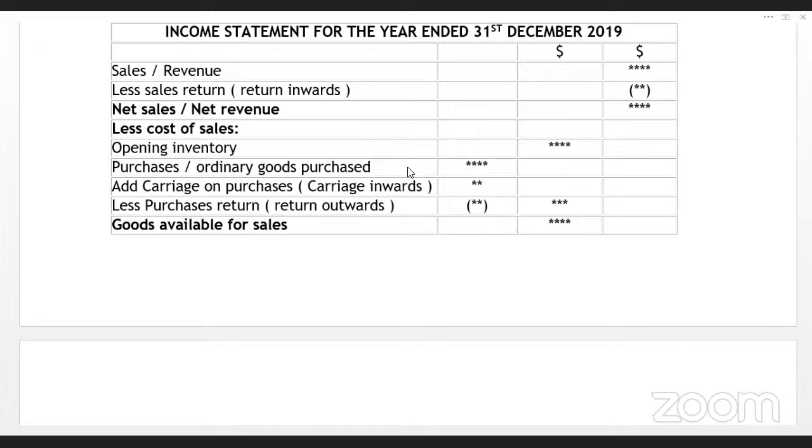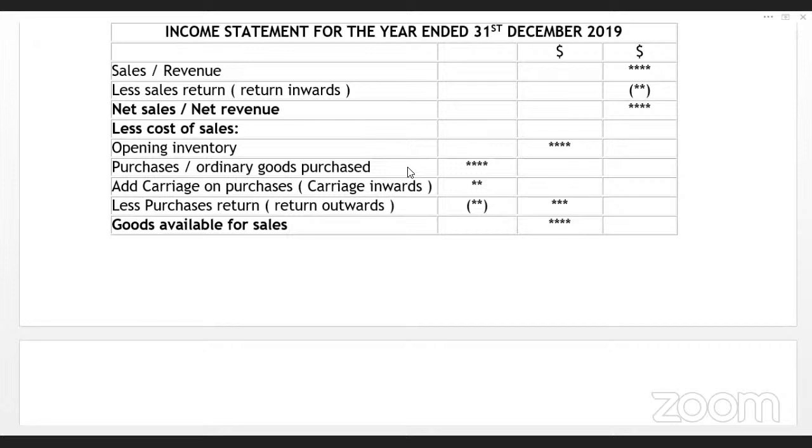So delay in delivery. Delay in delivery, that maybe you have ordered and the supplier has delayed to do the delivery. By the time they deliver those goods, you may no longer be interested in the goods, so you can return them back. And many other reasons, of course.